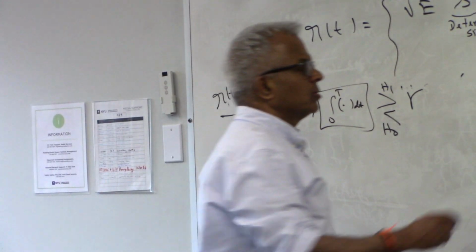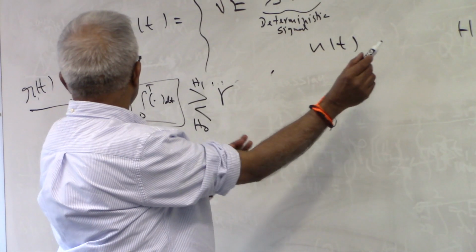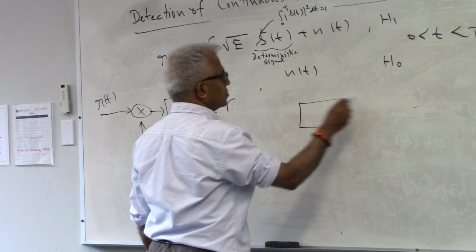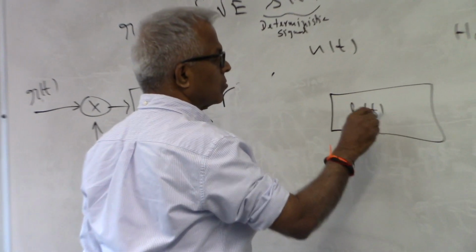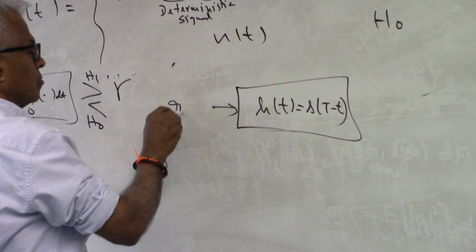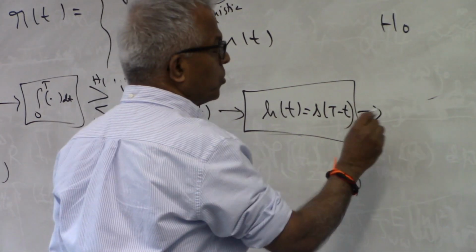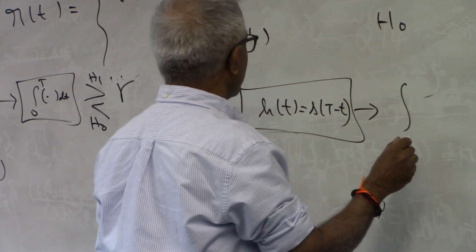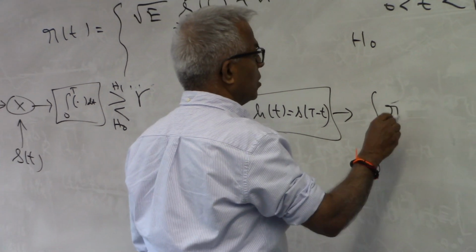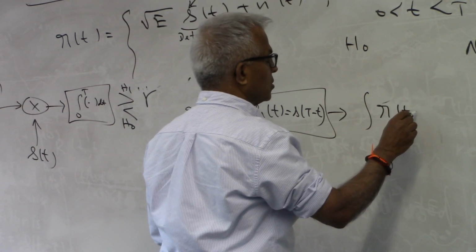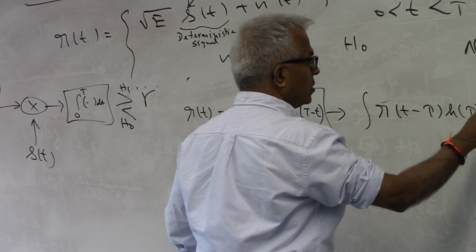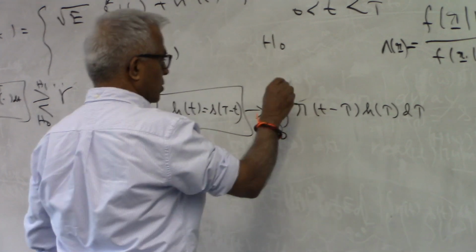Let me show you this. Look at the output. The output is going to be the integral of r of t minus tau multiplied by h of tau d tau, 0 to t, right?